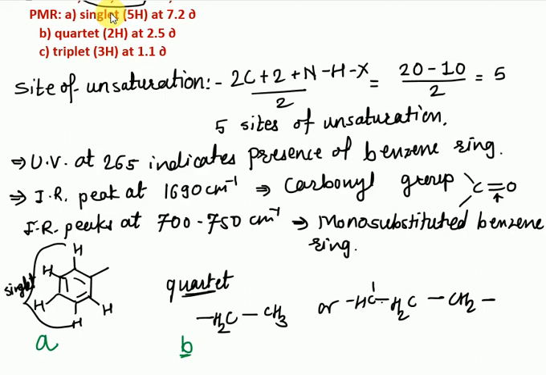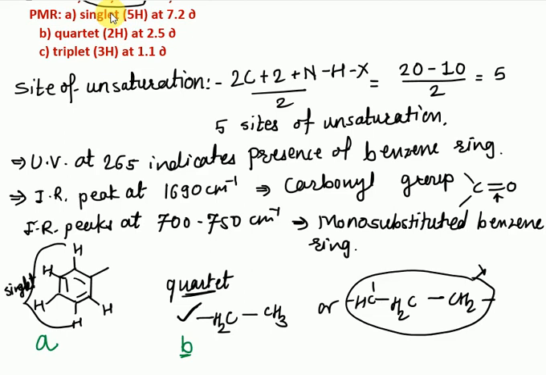But the spectroscopic data provides that there are only 9 carbons. So 6 carbons are the benzene ring, 1 is the carbonyl, so the remaining 2 carbons are there. So these possibilities are eliminated. So the presence of only these groups is left.